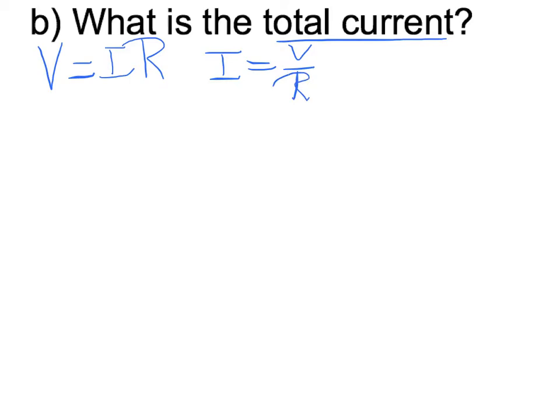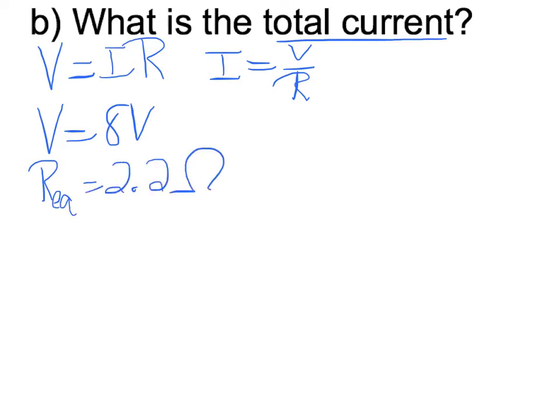We know from the diagram that the question provided us that we have a voltage of 8 volts. And we know from part A of the question that our resistance is 2.2 ohms. Current is our unknown, so we're going to write I equals a question mark.